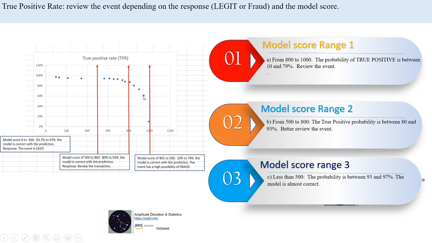So if we get this high score in the model, we have to review this transaction, because we have a chance that this is a fraud.